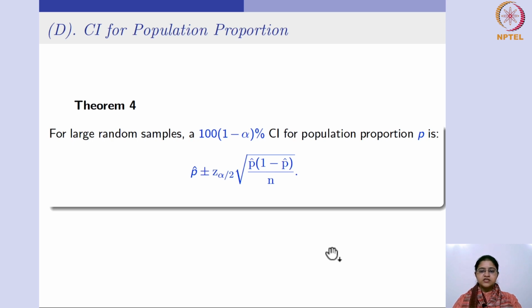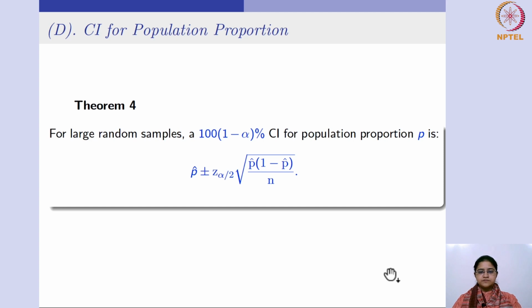This is the point estimate that we already have, and we also know that when we are dealing with population proportion, because the binomial distribution can be approximated using the normal, in that case z alpha by 2 comes into the picture. And if you recall from the sampling distribution concept, we studied these things there, so we are basically utilizing those concepts now.